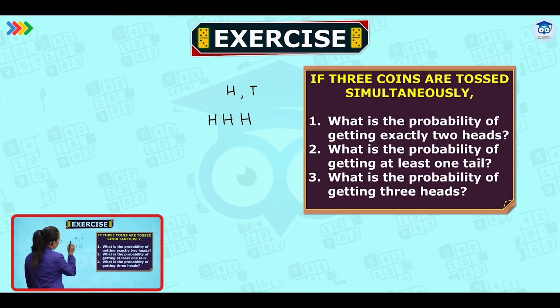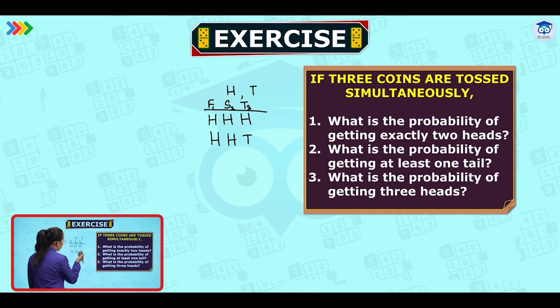So this is for the first coin, this is for the second coin and this is for the third, right? So in the first event we can get head, head, head, in all the coins. Next we can get head, head, tail.